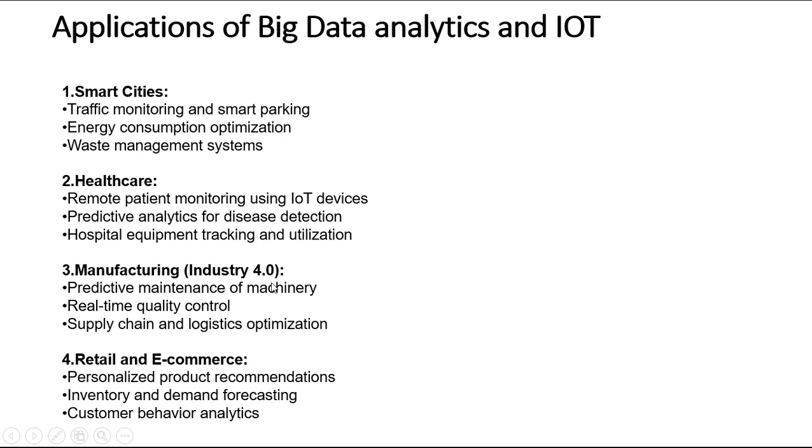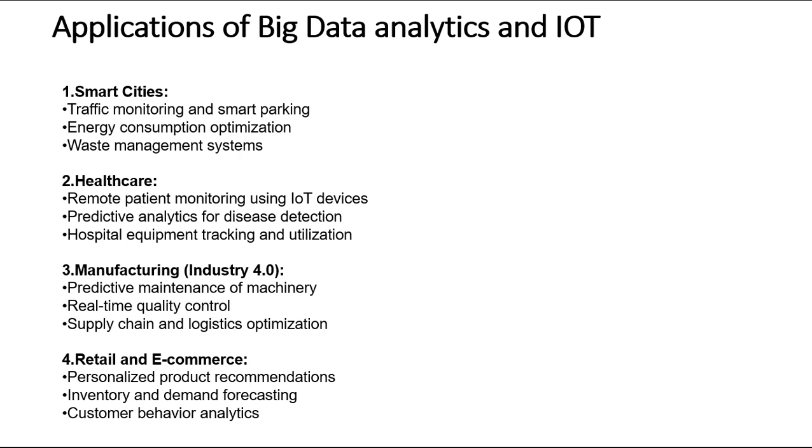Manufacturing industry 4.0. Big data also plays a vital role in manufacturing industry 4.0. Big data plays an important role in manufacturing companies, where the maintenance and quality of machineries are all maintained by IoT and big data analytics.